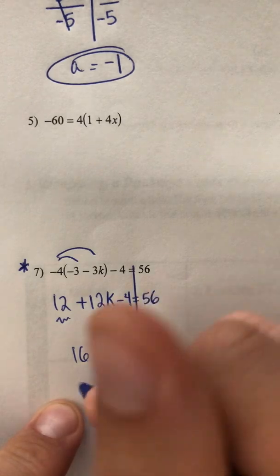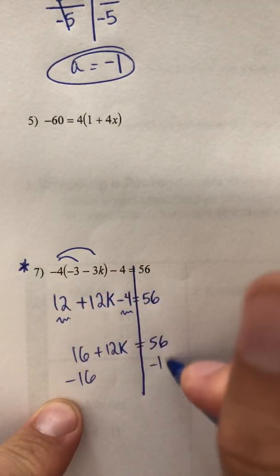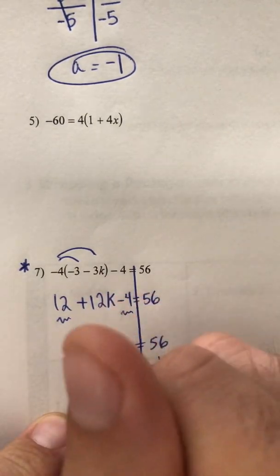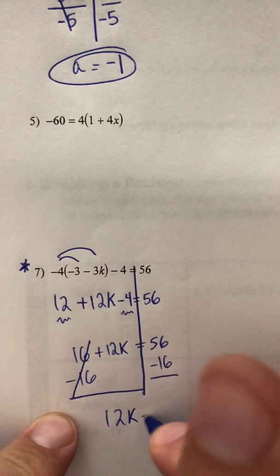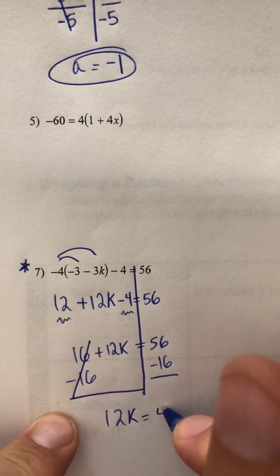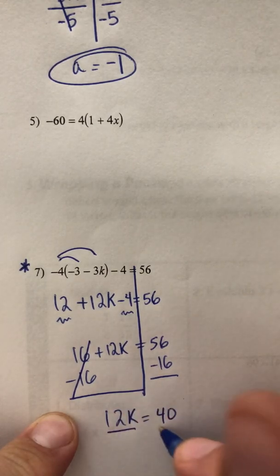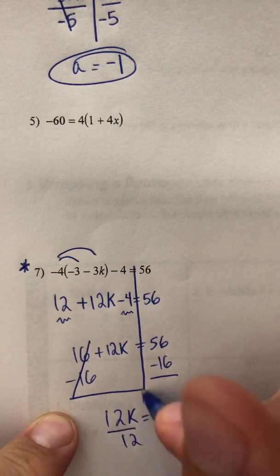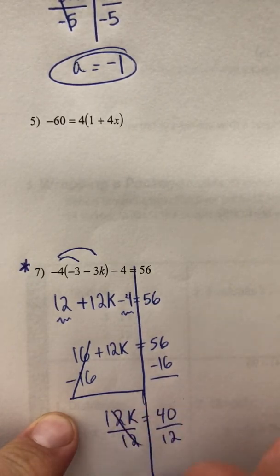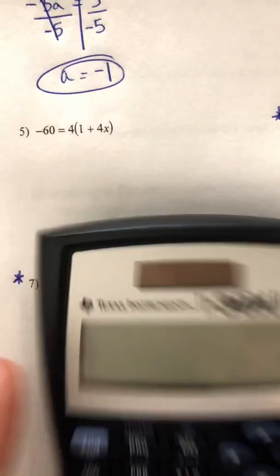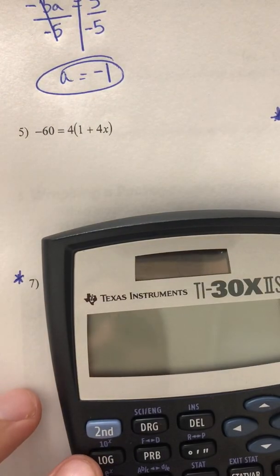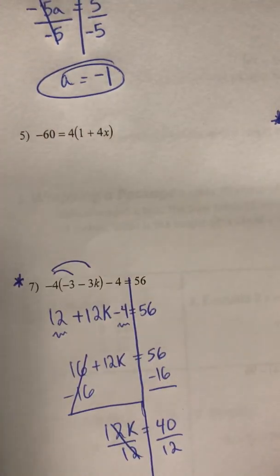This is now 2-step, plus or minus first. 12k is equal to 40. And divide by 12. K is equal to, it's not 4. I think we're just going to reduce the fraction.